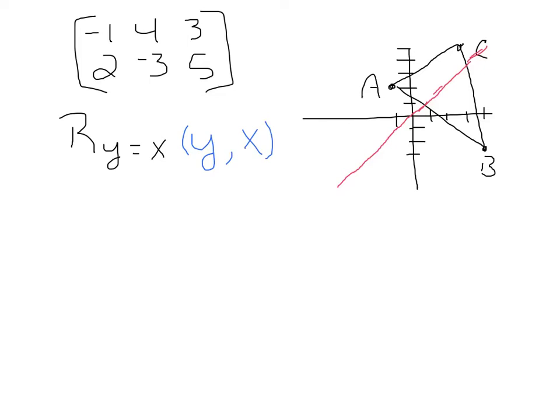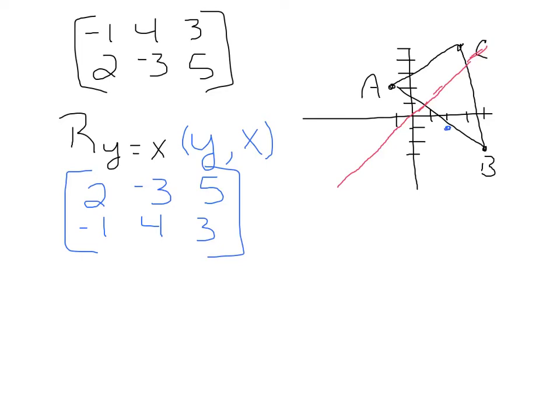So I'm switching the order, but I am not multiplying anything by a -1. So what was in the bottom will now be in the top. So 2, -3, 5. And what was on the top will now be in the bottom. -1, 4, 3.